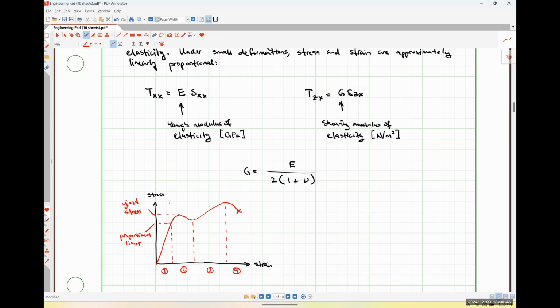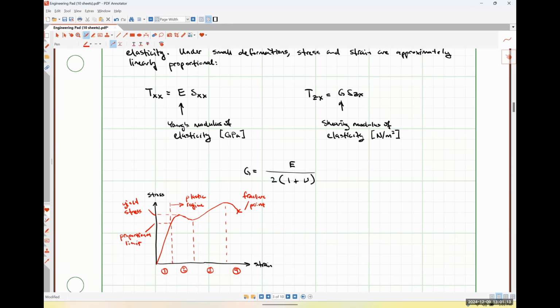And then everything from here on, so regions 2 and greater, are what are called the plastic regime. And then this point right here is what's known as the fracture point, where the material fails.